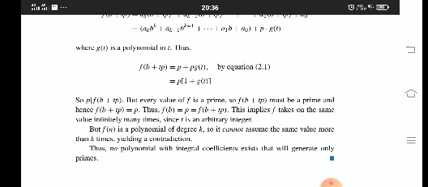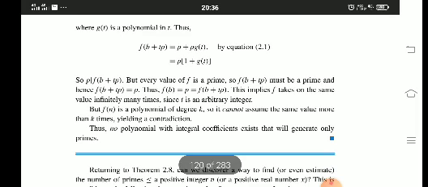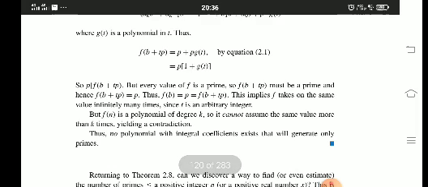But every value of f is a prime, so f(b + tp) must be a prime, and hence f(b + tp) = p. Thus f(b) = p = f(b + tp). This implies f takes on the same value infinitely many times, since t is an arbitrary integer.